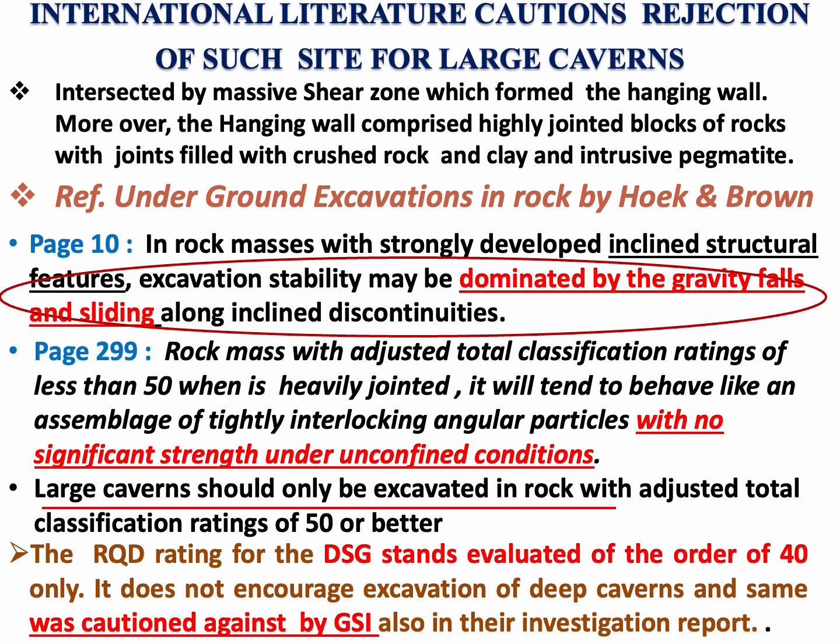The Geological Survey of India had also recommended that the Downstream Surge Gallery should have a restricted size and a large cavern should not be made for it. The same thing is reiterated here: because the RQD rating is 40 for the Downstream Surge Gallery, and this literature of Hoek and Brown says that if it is not better than or at least equal to 50, a large cavern should not be excavated in such rock.